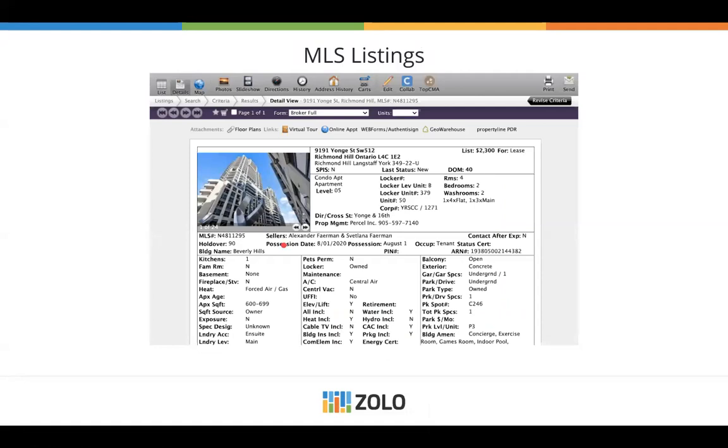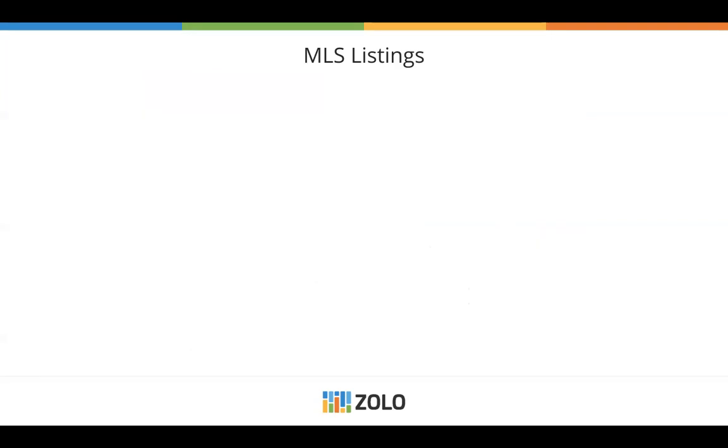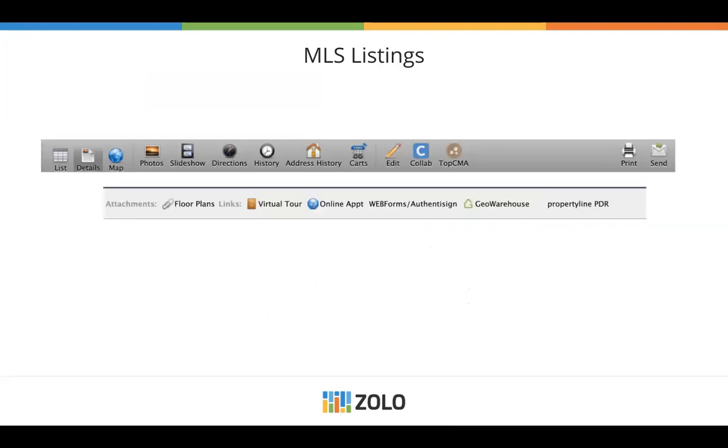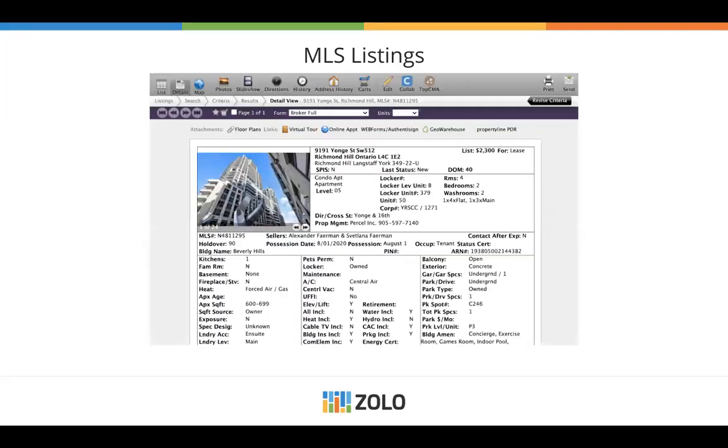So let's go over quickly what the MLS listing is and what you should be looking for. So at the top, there are two little bars that are pretty repetitive. It's the same as what we saw in a previous list. You'd be able to send or print a listing.